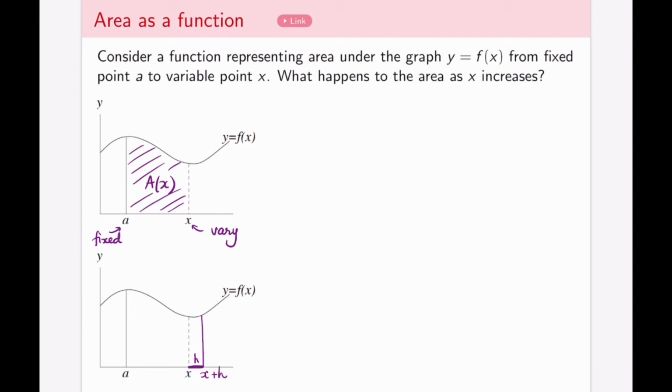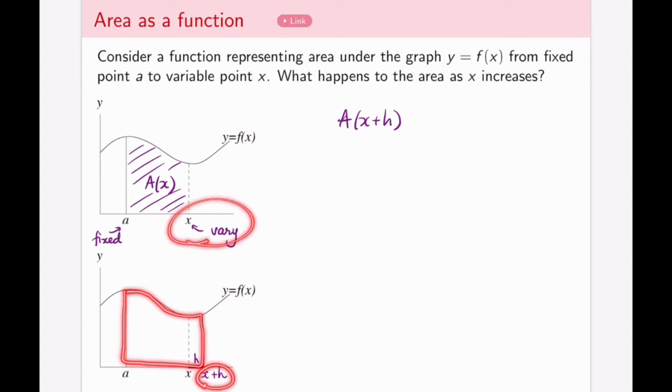How can I now describe the newly covered area that includes my old area and includes my new sliver? So first of all, because the area is a function of the right endpoint, the area now covered from a to x plus h is actually A of x plus h, right? This entire area can now be the function of the right endpoint the way that we defined it here.